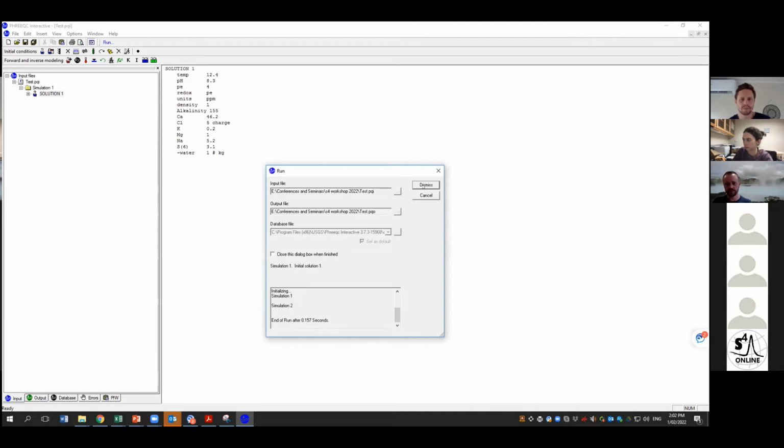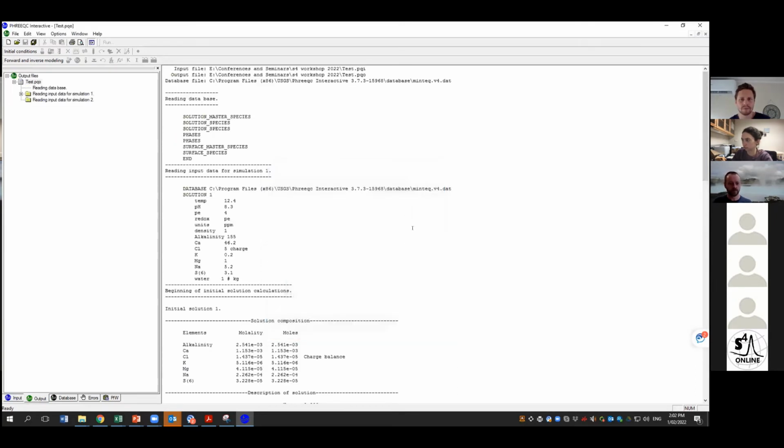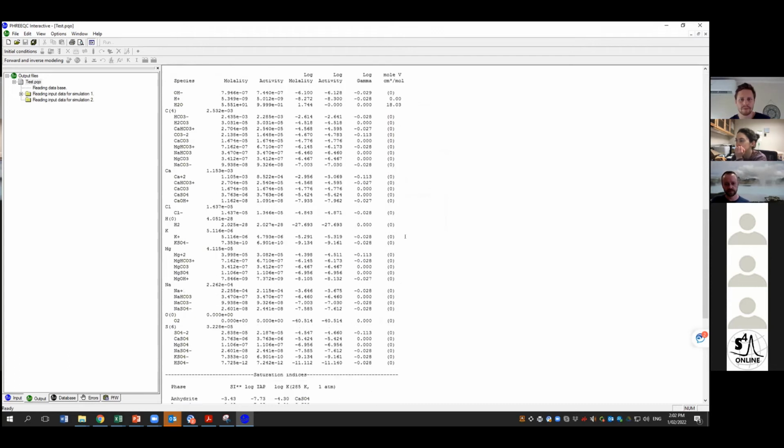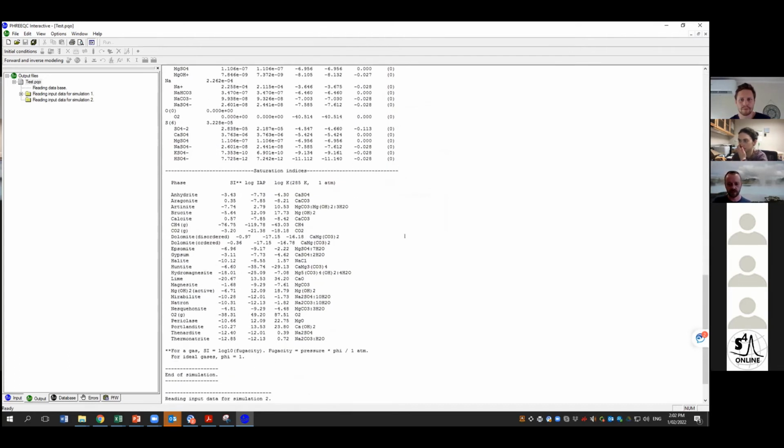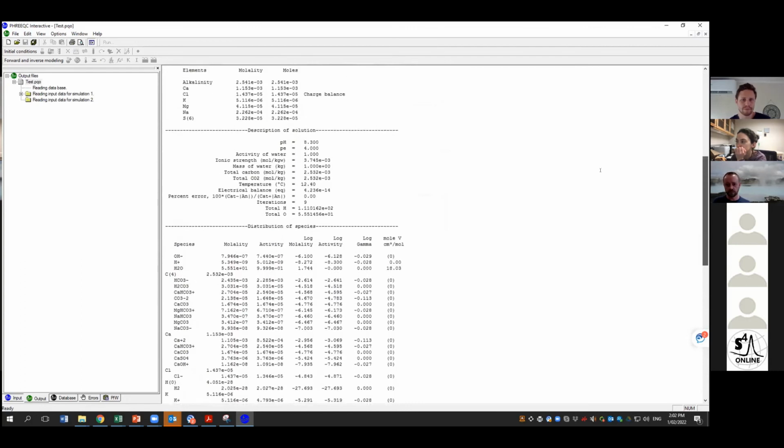Yep, that was fine. So the GUI has proved its worth, and we can see now what was the original calcite saturation index. I think it was pretty much the same value, which means that the minor adjustment we've made, because the system is now electrically neutral, it's balanced, didn't make a big difference to the chemistry.